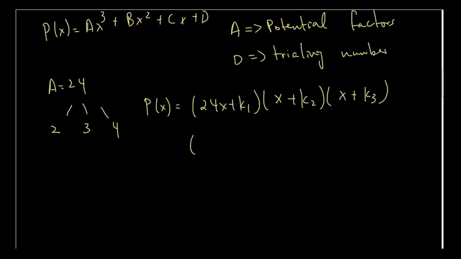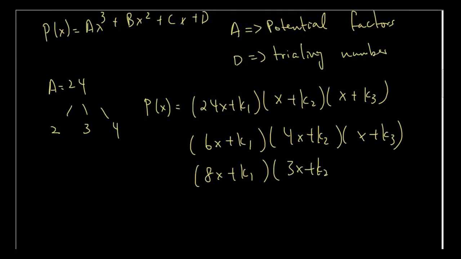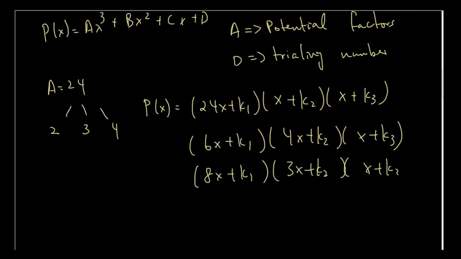What is the next one? We could have (6x plus k1), then (4x plus k2), and then (x plus k3). And then the next one: (8x plus k1), then (3x plus k2), and then (x plus k3).